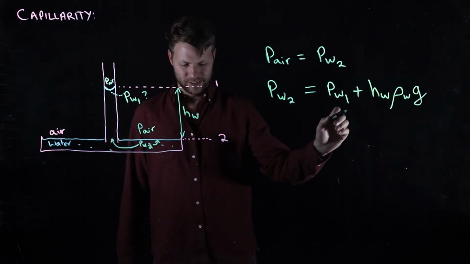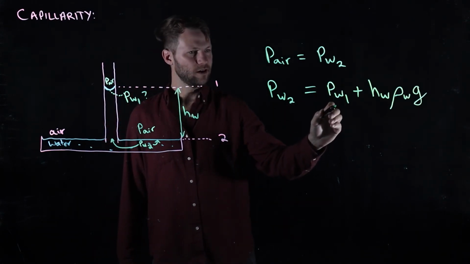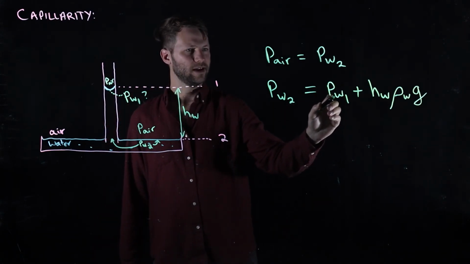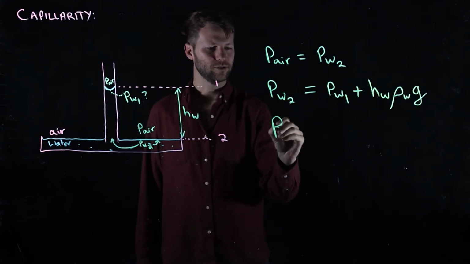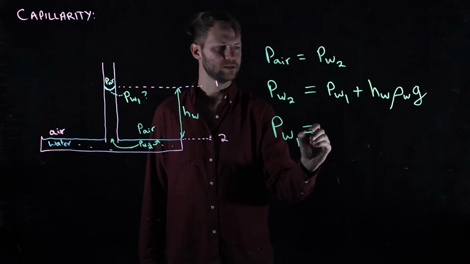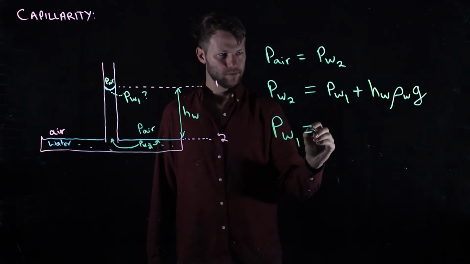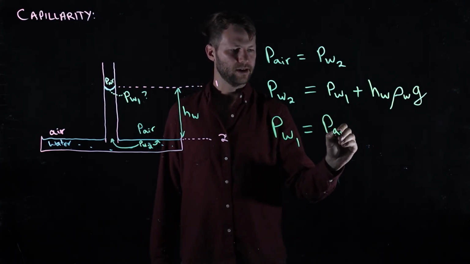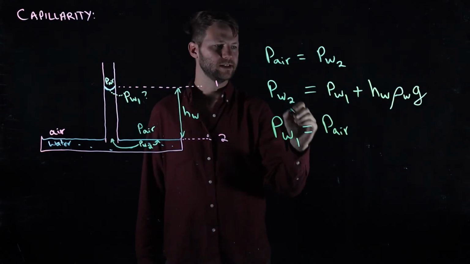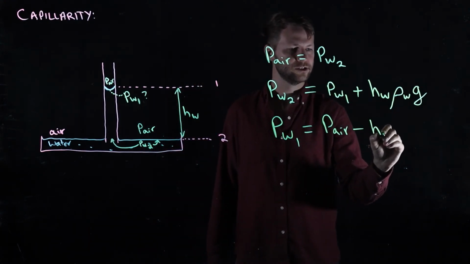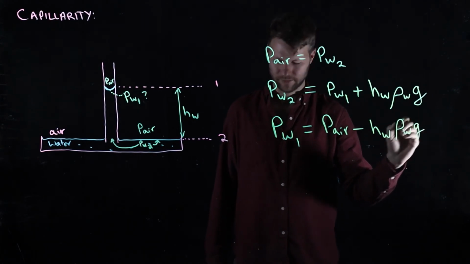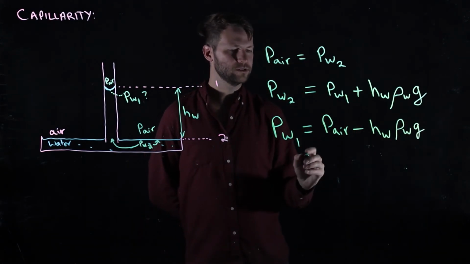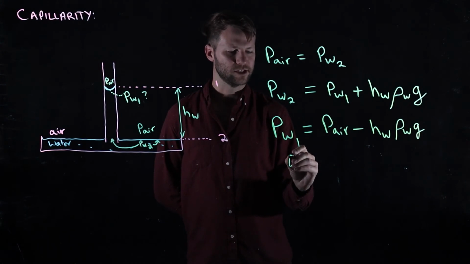If we rearrange this to solve for PW1 and we substitute in P air for PW2, we get the following. PW1 is going to be equal to P air, which we've substituted in here, minus HW rho W g.